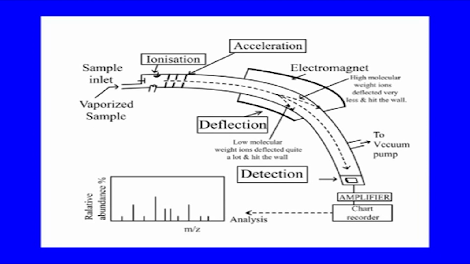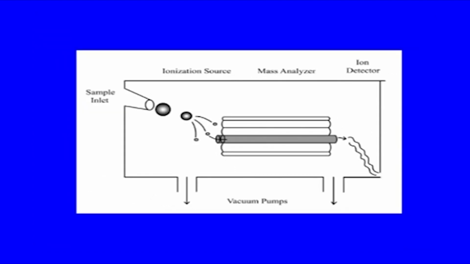On ionization, the ions pass through a mass analyzer and are separated on the basis of their mass to charge ratio. Finally they go to the detector, where they are analyzed and the spectra recorded. So, the 4 basic components we have seen in a mass spectrometer are the sample inlet, an ionization source, a mass analyzer and an ion detector.